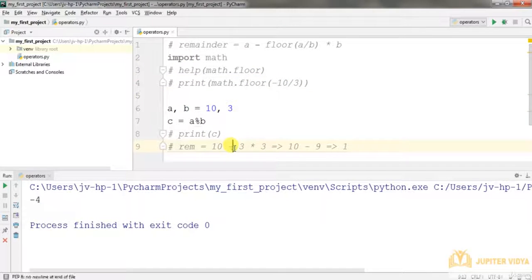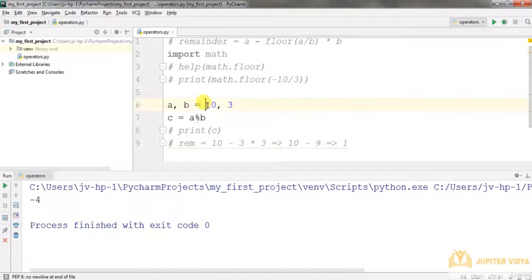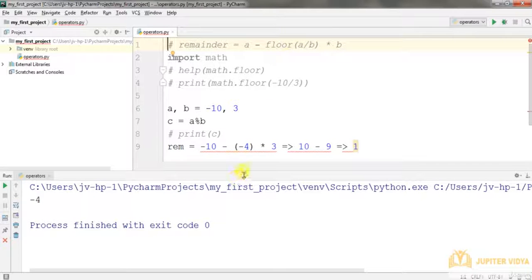Now let's calculate here. When I change this to minus 10, according to this formula, it should be minus 10 minus floor of minus 10 divided by 3, which is minus 4, multiplied by 3, which is B. Here you can see this is the formula.